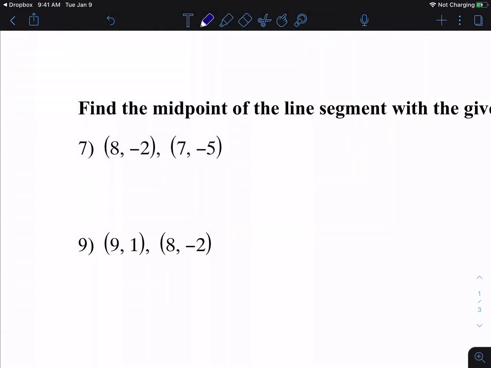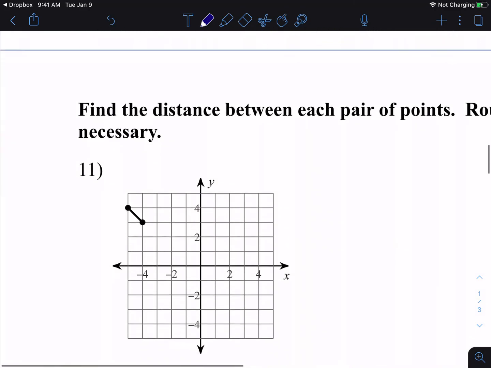We could just label them x1, y1, x2, y2, and use the midpoint formula. So this is just going to be 8 plus 7 over 2, comma, -2 plus -5 over 2. And that's going to be finding your midpoint once you do the math on that. So you know how to do that.